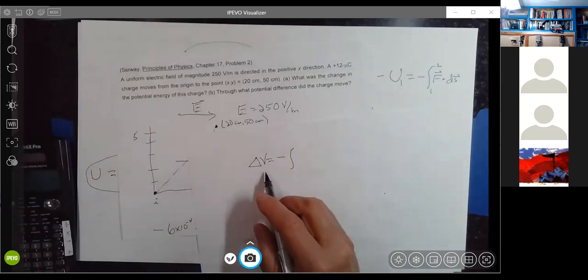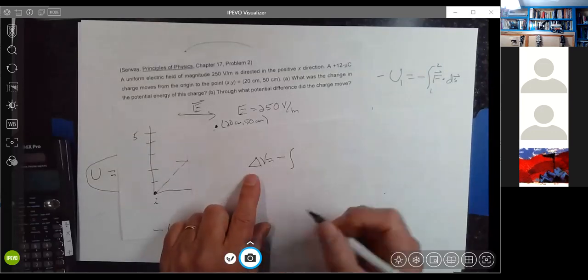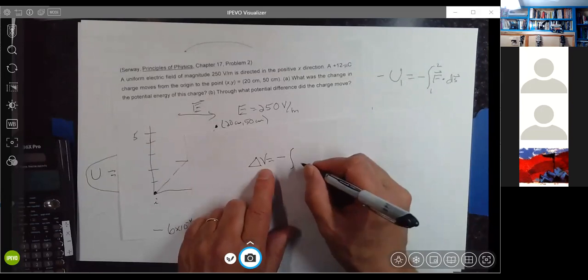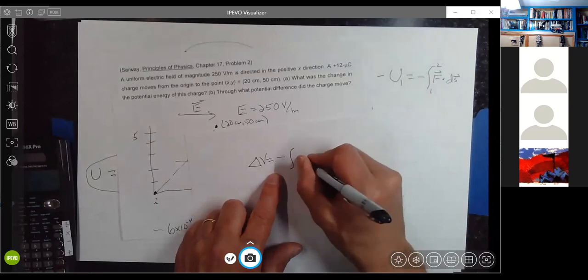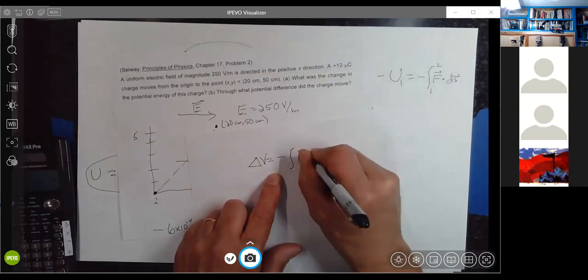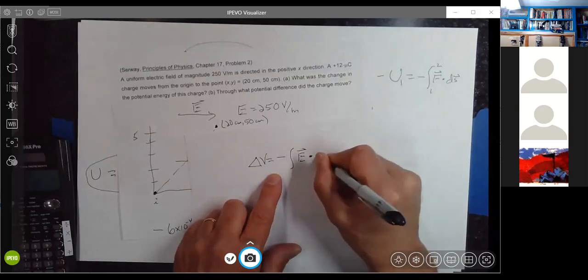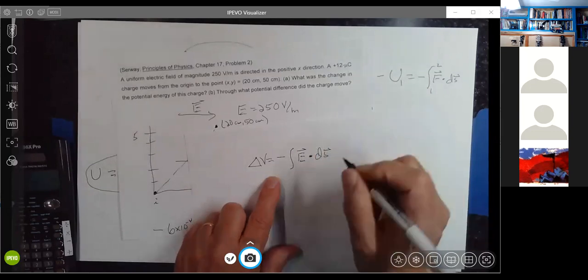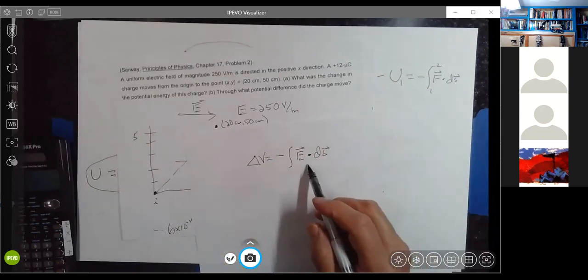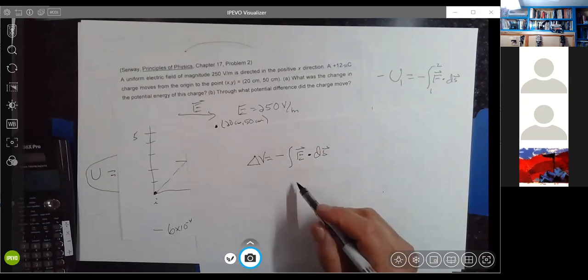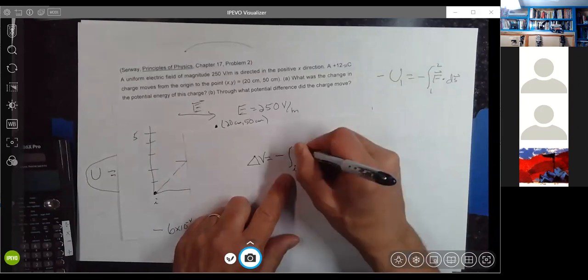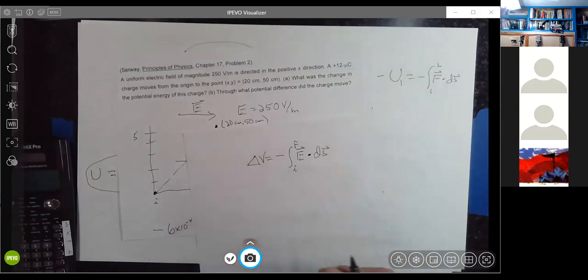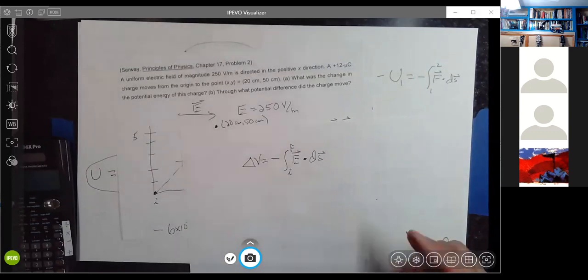This represents change in potential, and it will have units of volts, but it ends up being the negative of the integral of E dot ds. And in this case, it's not going to be horribly interesting, but we'd go from the initial position to the final position in order to figure this out.